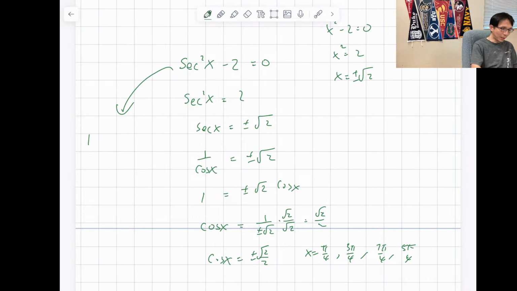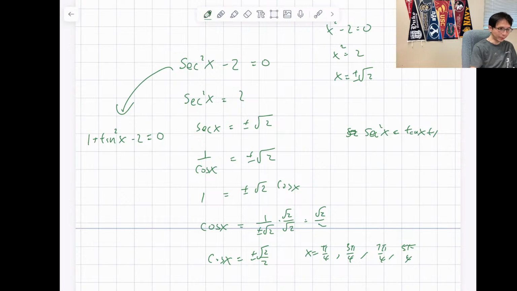One minus tangent, one minus or one plus? It's plus. So secant squared of x is equal to tangent squared of x plus 1.